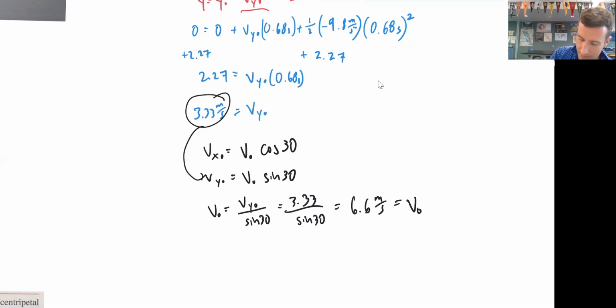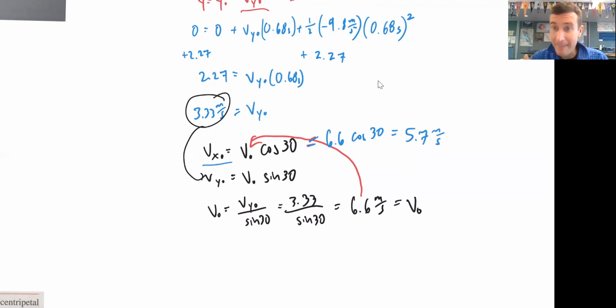Now I can take that value and plug it in. So that ends up being equal to 6.6 cosine 30, which is 5.7 meters per second is my x component.